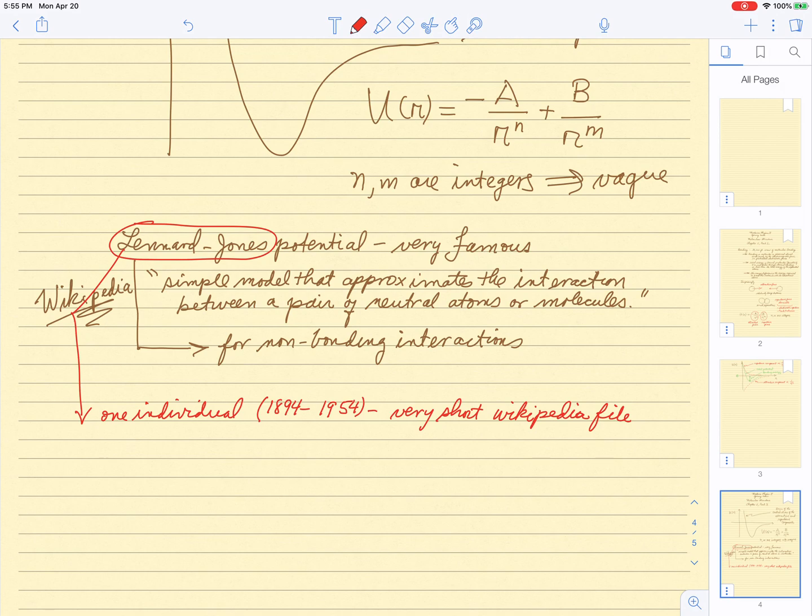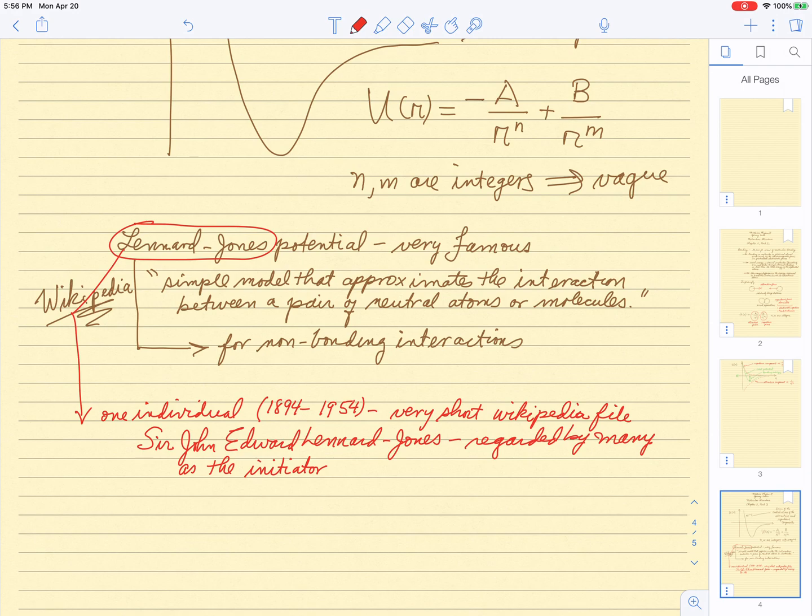and many regard him. Actually, his name is Sir John Edward Lennard-Jones. And he's regarded by many as the initiator.